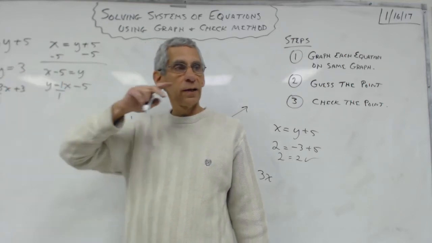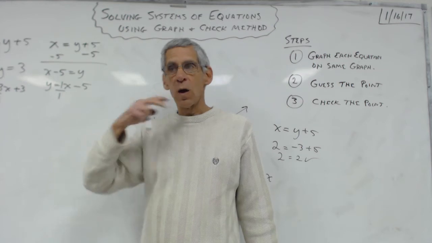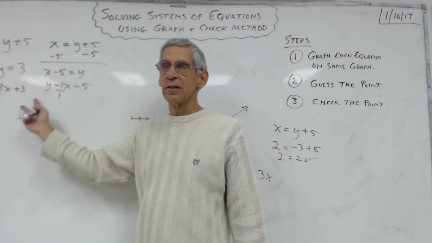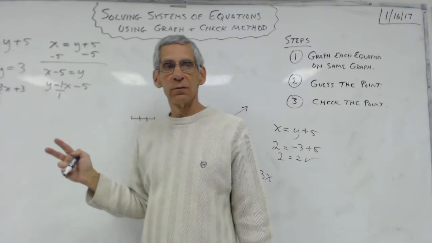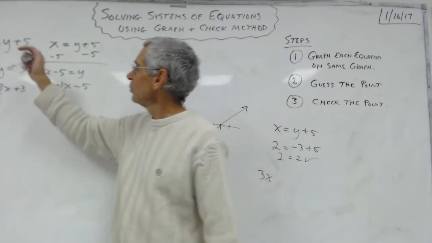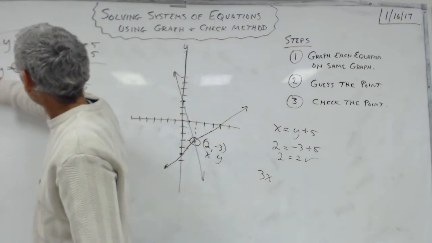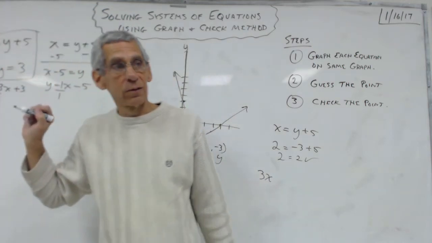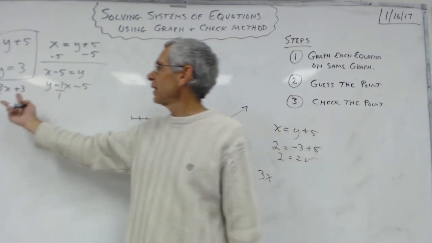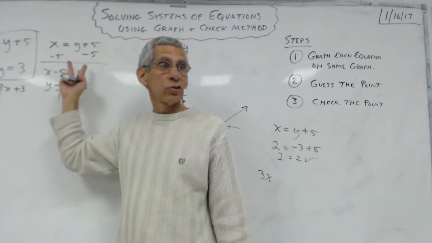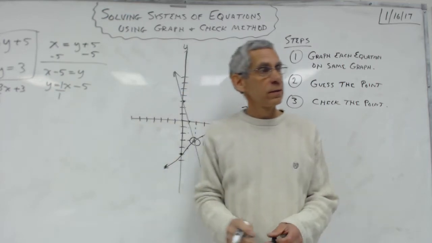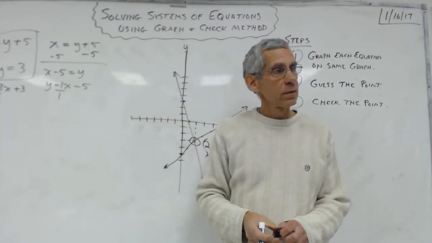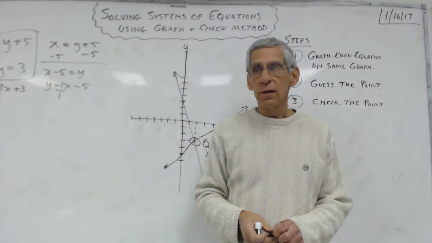Why would I go to my original equations and not these other ones that I did stuff to? These are my 2 original equations. These are what I'm checking with. I'm not checking with what I altered them to be. Why? Because they have to be exactly the same for it to work.